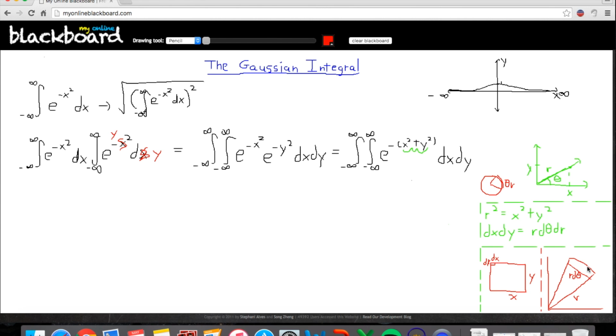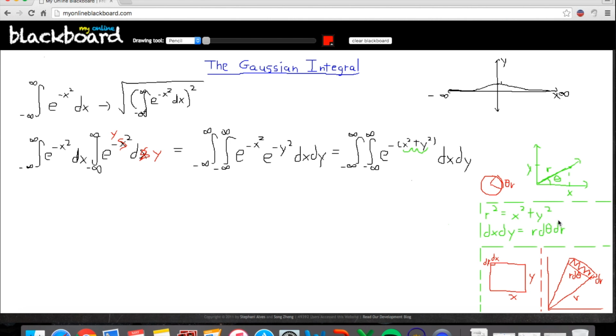So when it gets infinitely small, it just becomes d theta. This is still r, that hasn't changed. Now, I want to find the area in here, and we can just multiply the base, which is r d theta, times the height. That extra little bit is dr, because it's simply adding to r as I'm moving along this way. So this area is just r d theta times dr.